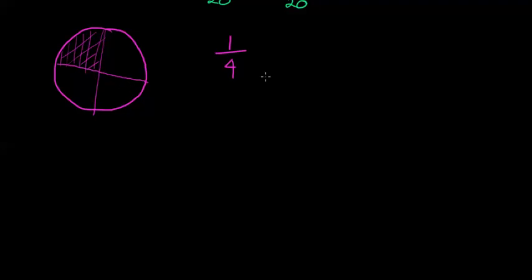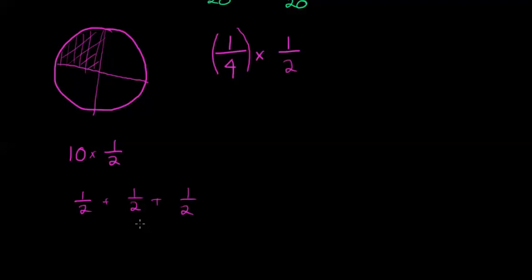Okay, now what if I multiply with a half? What happens when we multiply with a half? Well, think of anything else. If I say 10 times a half, it means a half plus a half plus a half, 10 times.